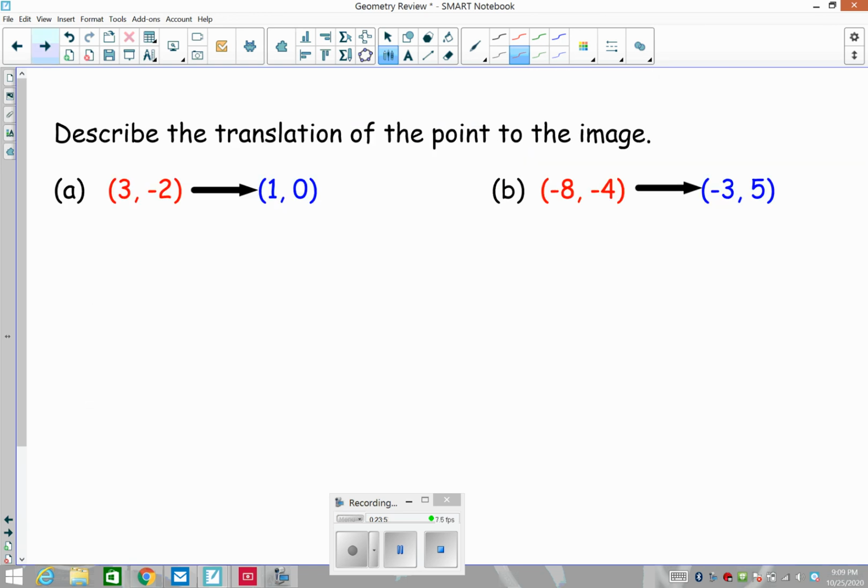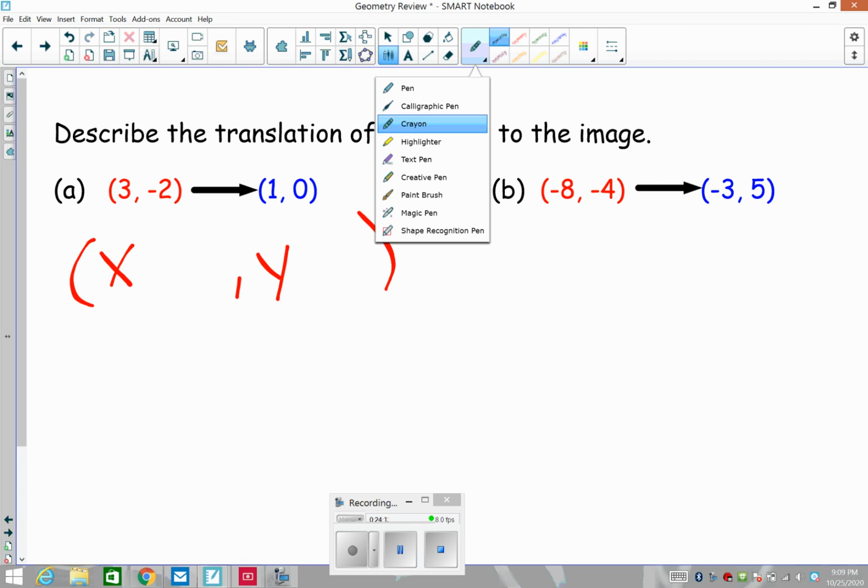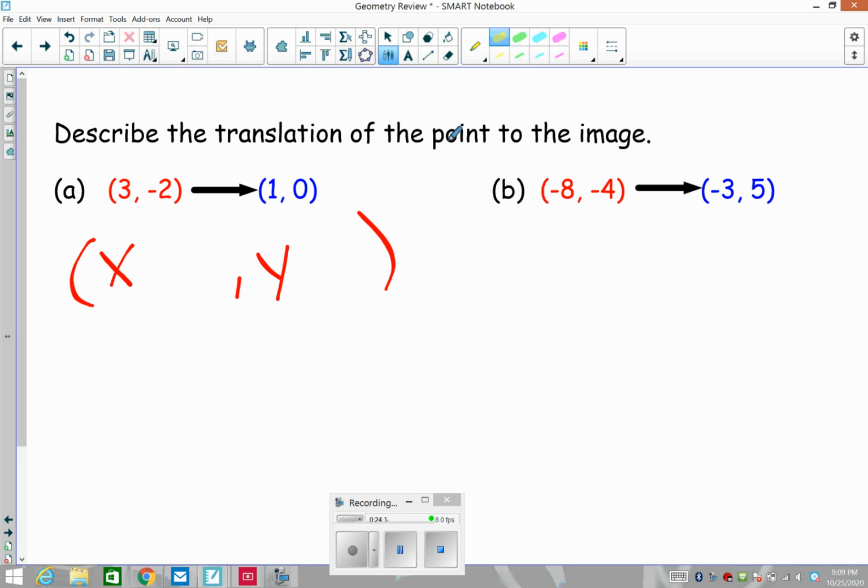All right, next section is on translation, which is part of the learning target here. When we translate the figure, we have to translate the x and we have to translate the y. If we think of our x movement, we're moving from 3 to 1, which means we're decreasing 2 units.